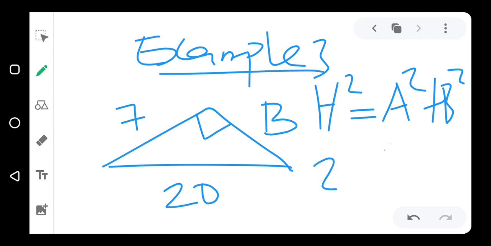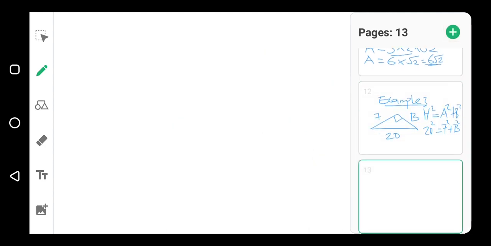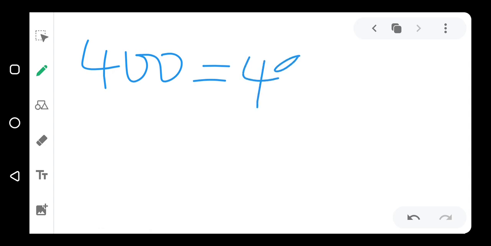So we have that 20 squared is equal to the first adjacent, 7 squared, plus the second adjacent, b squared. 20 squared is 400. 400 is equal to 7 squared, which is 49, plus b squared.